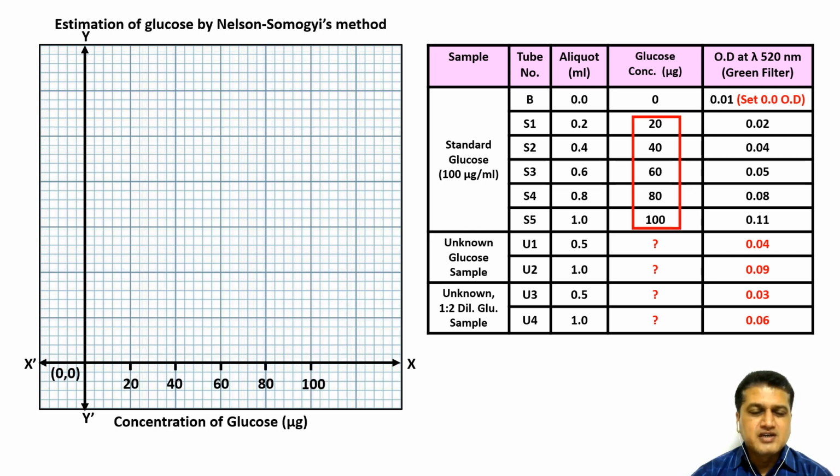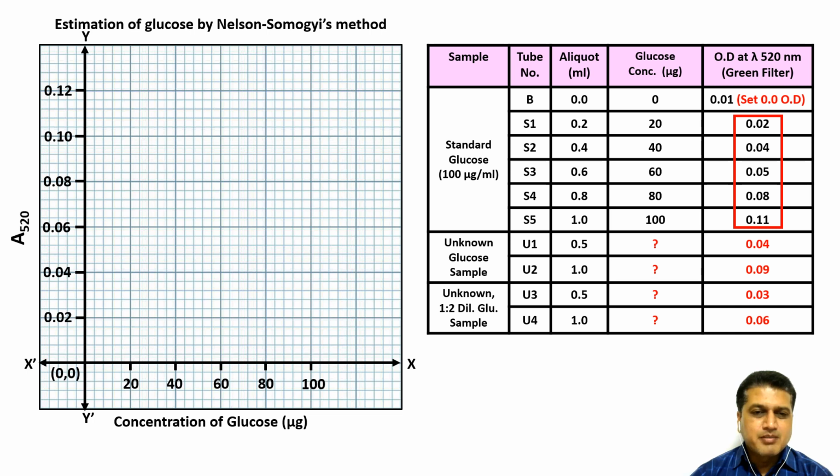Now place in increasing order the value of concentration of glucose on x-axis at a distance of 1 centimeter starting from origin. Label x-axis as concentration of glucose in micrograms.